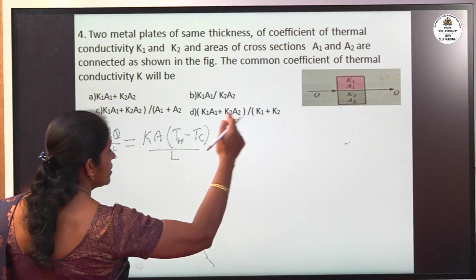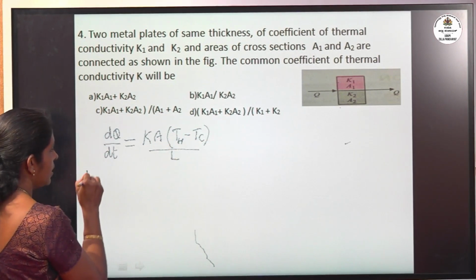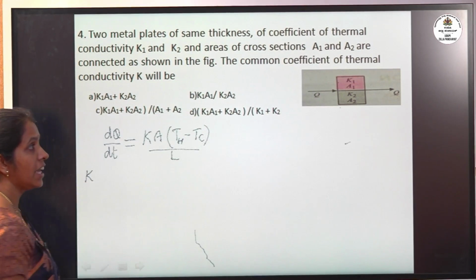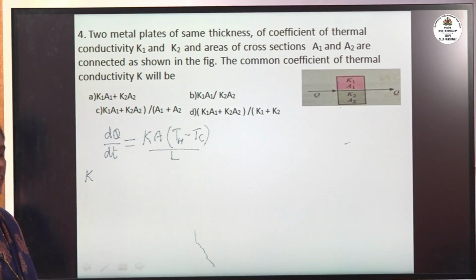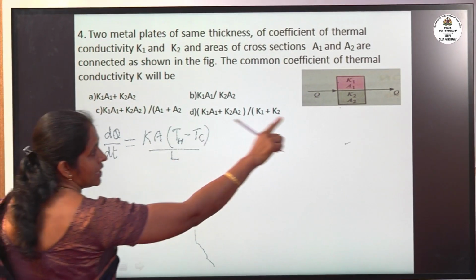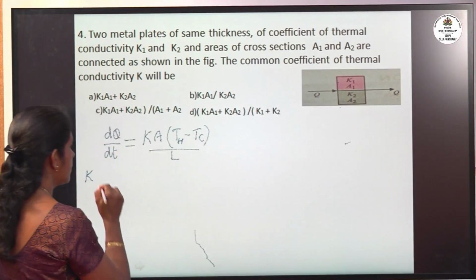Say common rate of flow of heat. If you consider two bodies together, then let K be the common thermal conductivity of two materials.